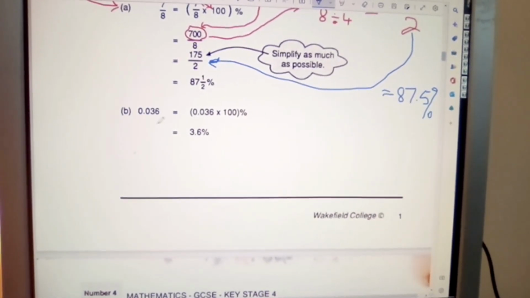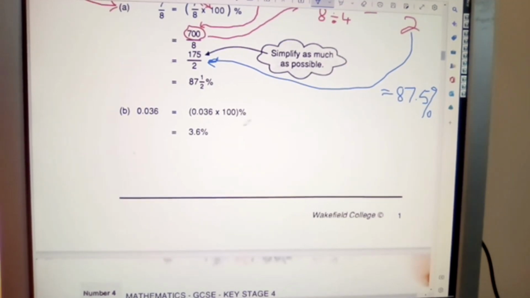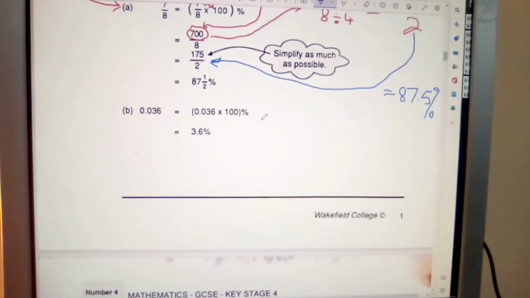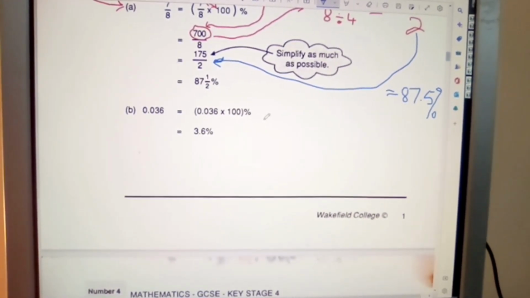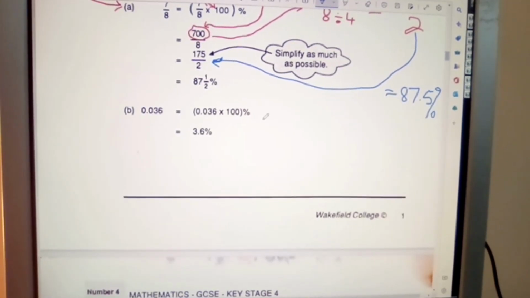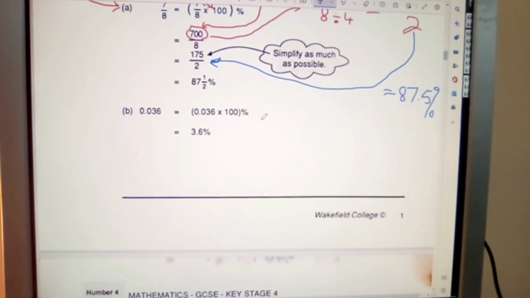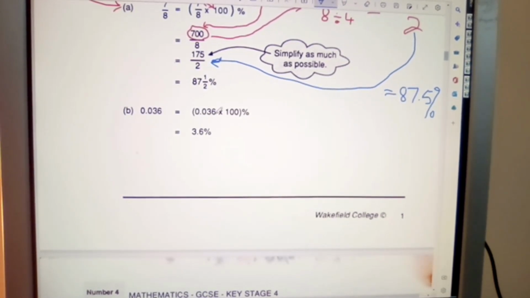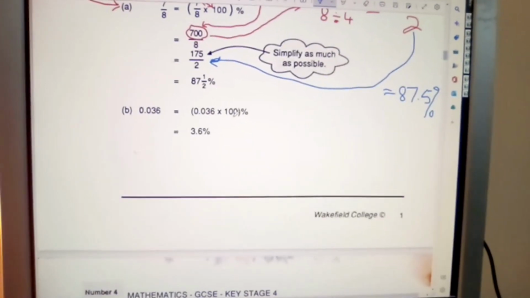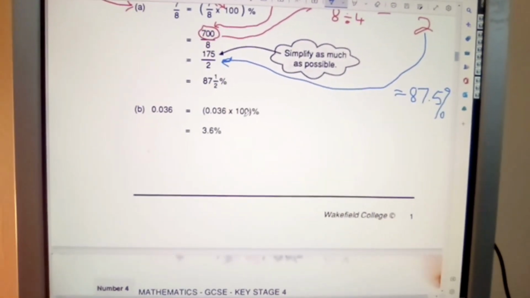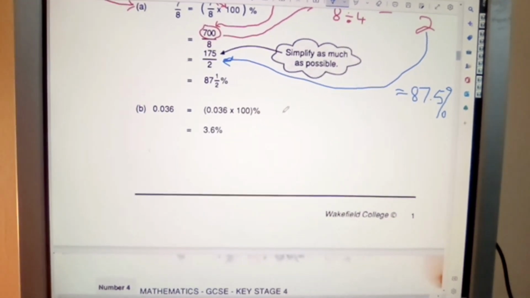Let's look at this one now. 0.03 is equal. So as you take that there now, and you take, equals 3.6. So let's look at multiplying this process out actually in real terms.